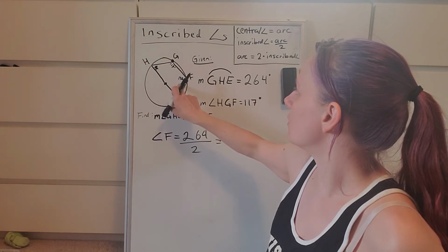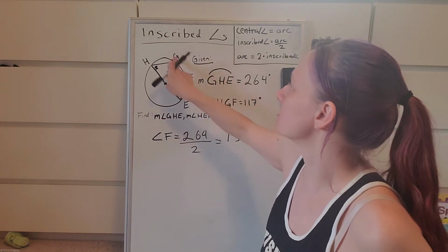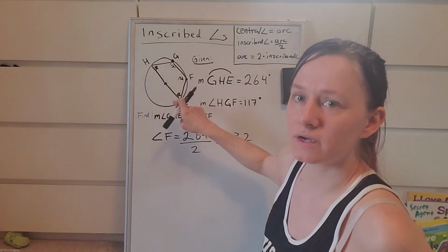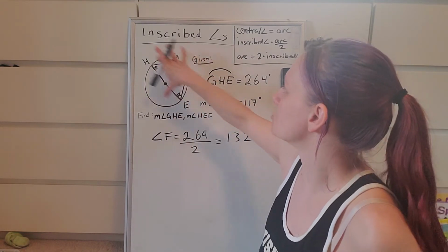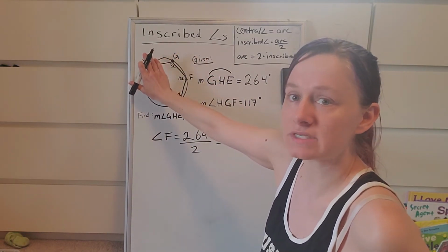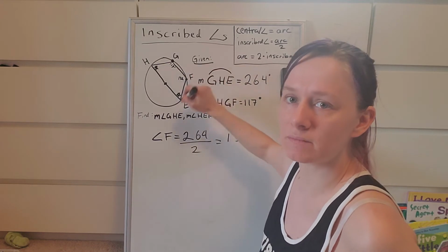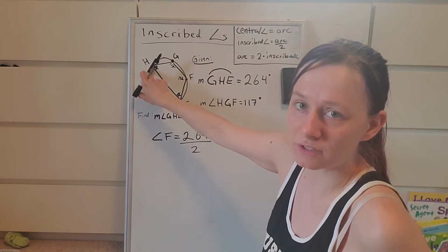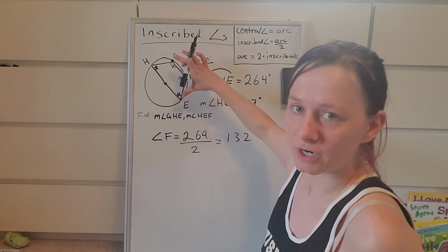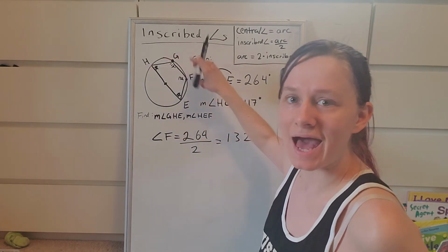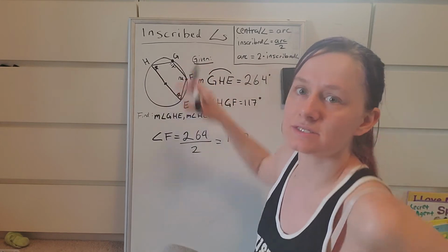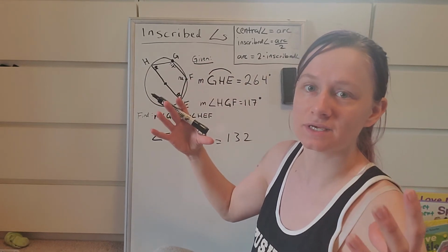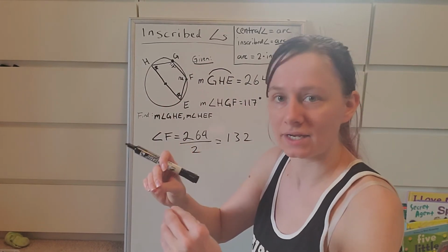So the reason is because if I take that arc and I subtract it from 360, I get the corresponding minor arc. The opposite angle in the quadrilateral goes with that minor arc. So that's going to be half of the minor arc. And since the arcs make 360, the angles are going to make 180 when you add them together.